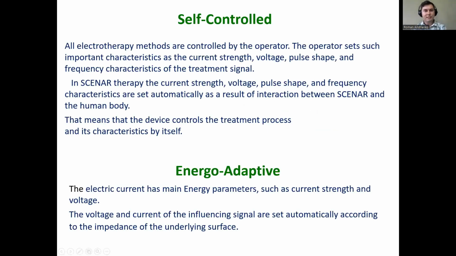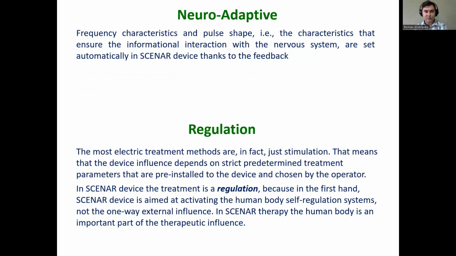Oh, perfect. So everything that I just covered is also explained in detail here. I'm not going to stay for a long time on each of these slides, just to refresh. So self-controlled, energoadaptive, which means that the current and voltage are changed automatically in pair. If we have high current, we will have low voltage and vice versa. So they are self-regulated by the device.